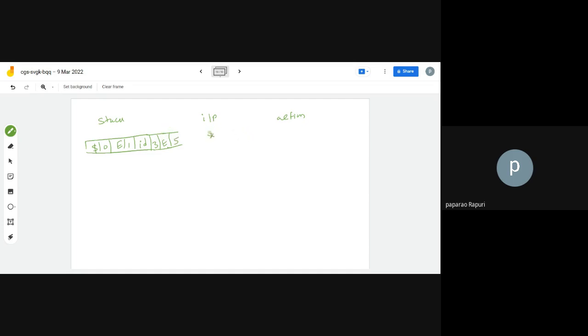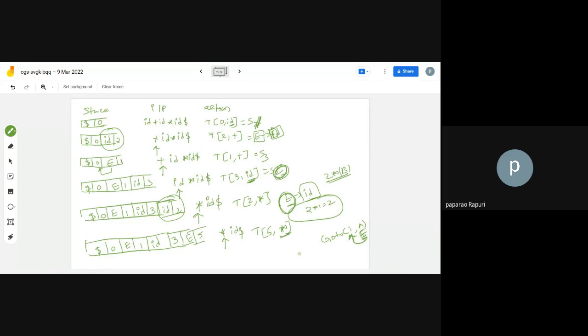Now the input is star. That is already explained to you. So here we are pushing star because it is the input symbol. We read star.